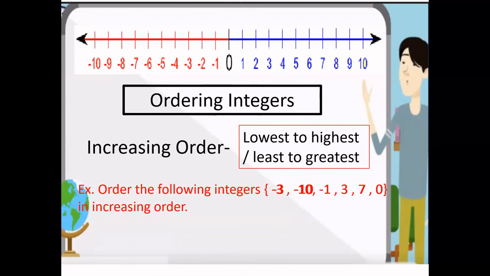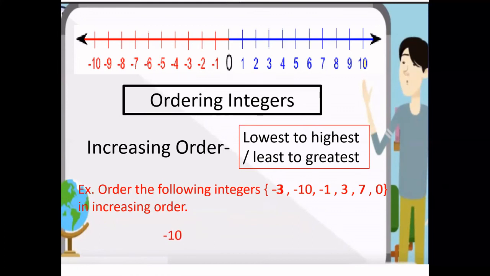Okay, so think again on our number line. We have here negative 3, negative 10, negative 1, 3, 7, and 0. Which one do you think should come first, or is the lowest number? Yes, you got this right. It should be negative 10.